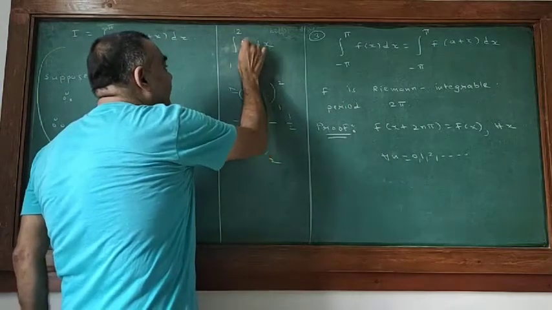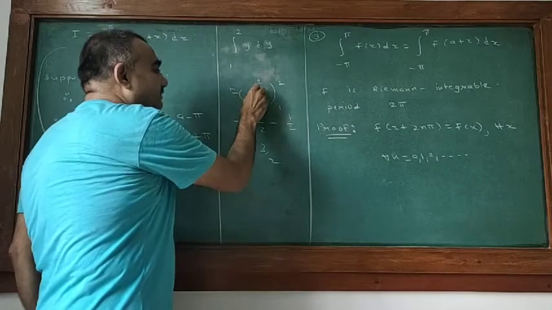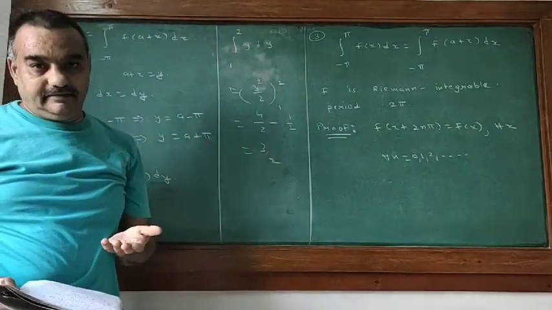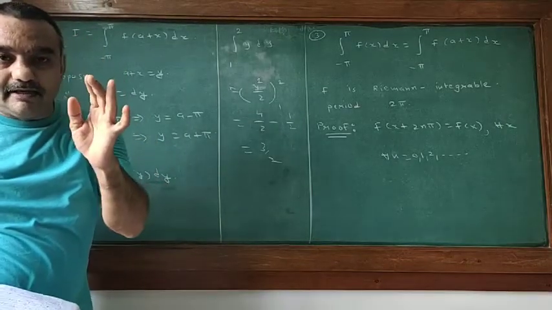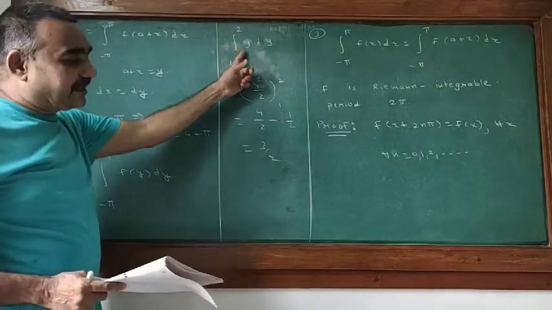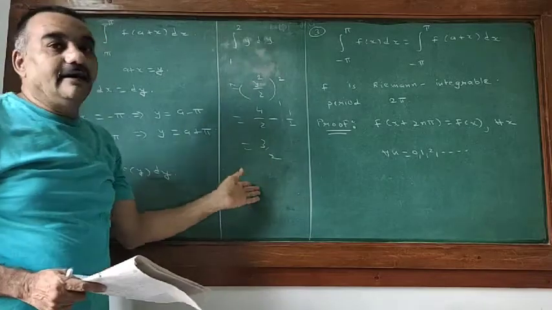Not only that, if you write y square by 2, you have the same answer. Is it clicking to you something new? The clicking point is that if we change the variable all over, the value remains unchanged.